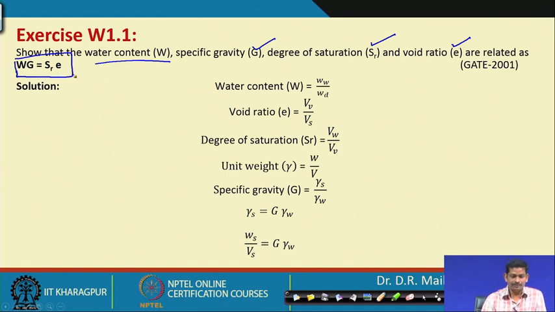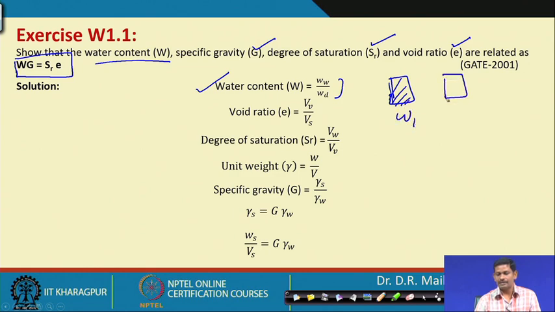Here we can get some feedback from the previous lectures. The water content is written as W, which is W w by W d. How do we get this? Suppose you remember the gravimetric method for moisture measurement. You have an initial soil sample, which is a moist soil sample, say W 1.